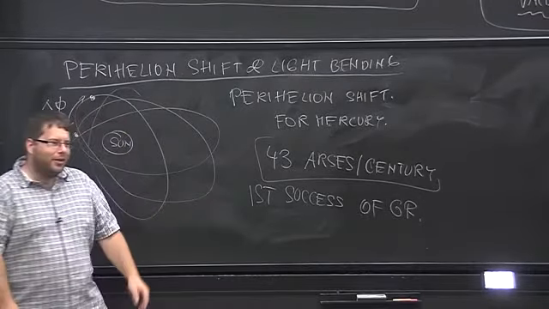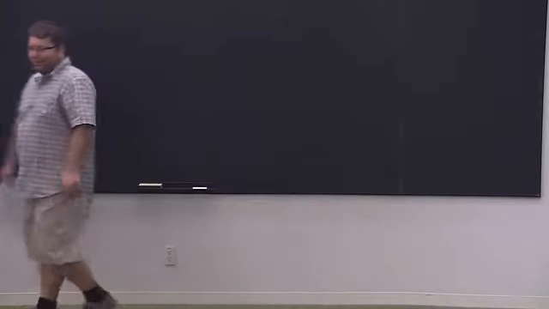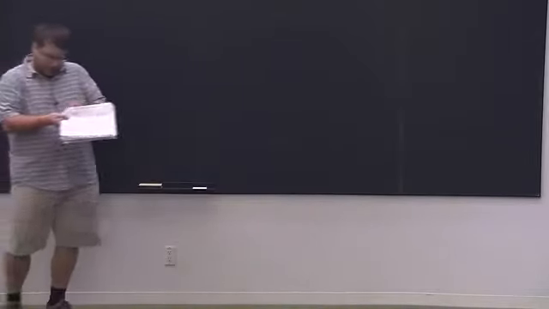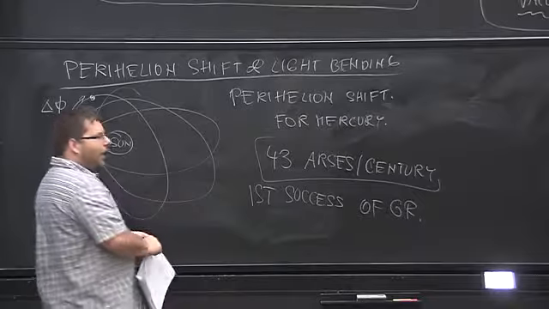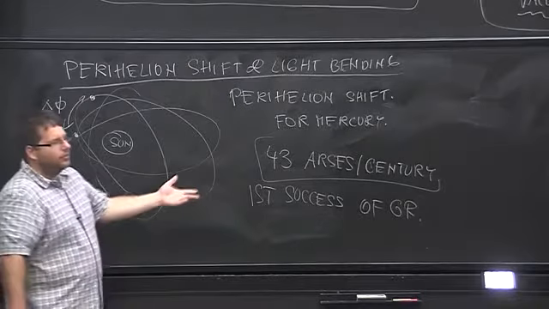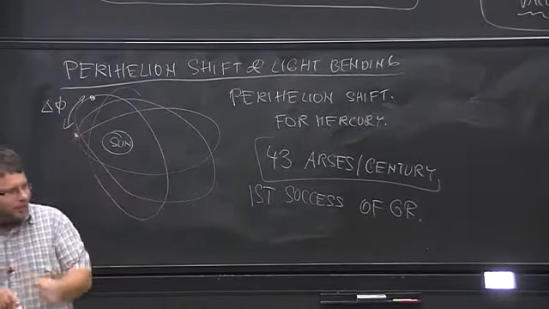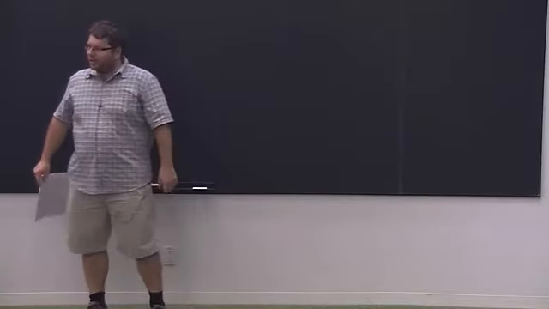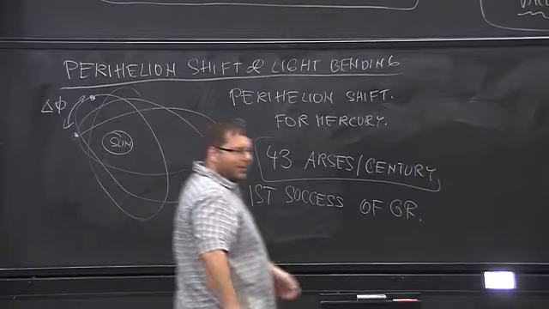But interestingly, it didn't convince people that this is the right theory. There are always skeptics who think, well, maybe Einstein just designed the theory so that it explains these 43 arcseconds per century. So maybe he just fiddled whatever he needed to so that these 43 arcseconds come out. So it was a great success, but people didn't really appreciate it.